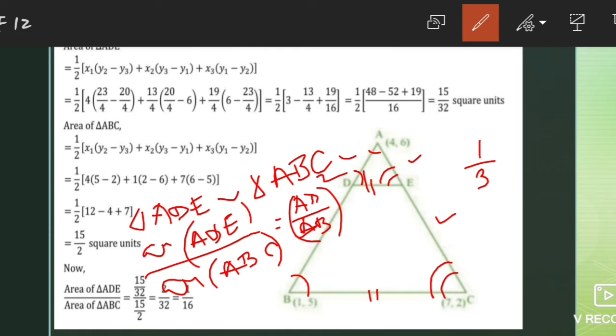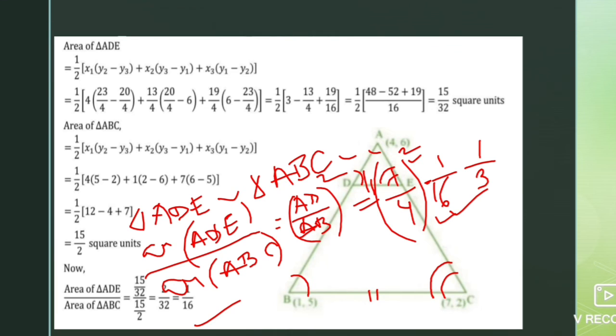AD by AB is given as 1 by 4, that is 1 by 4 whole square, which will become 1 by 16. As you can see, this answer and this ratio are the same. So that is the part given in the brackets, that you have to verify the answer by the BPT theorem and theorem 6.6 also, and you can see that for both cases the ratio will be 1:16.